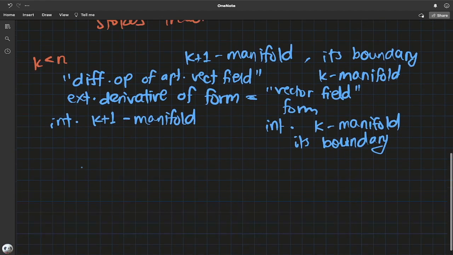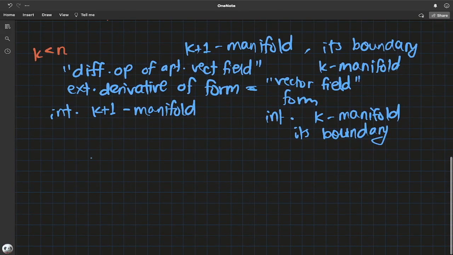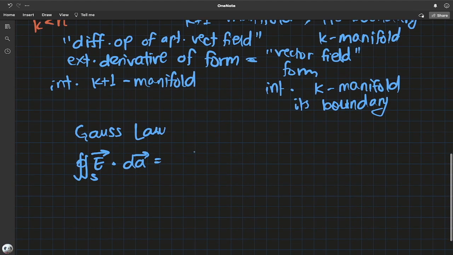One consequence of all of this, if we were working on R3, so we just take these two things for now, is that, assuming you have these equations, you have the integral form of Gauss's law in electrostatics, which says that if you have a closed surface integral of the electric field across some surface, that is equal to the charge enclosed by some body divided by epsilon naught.